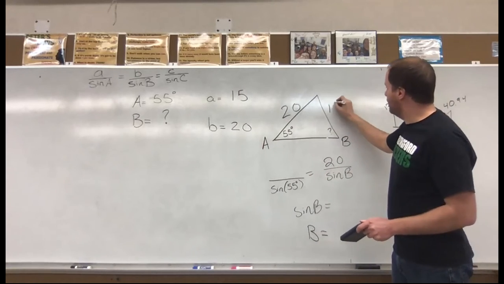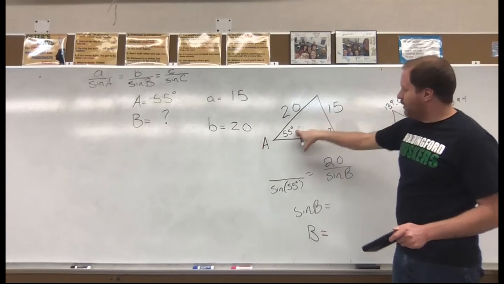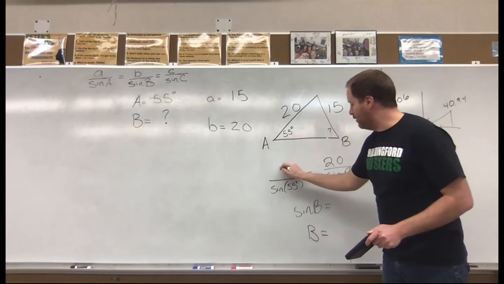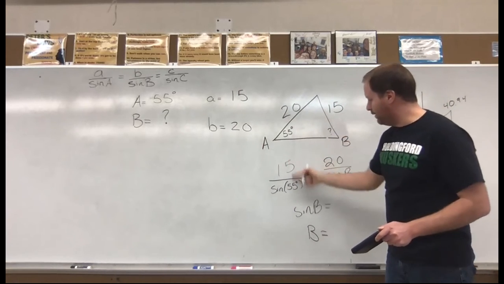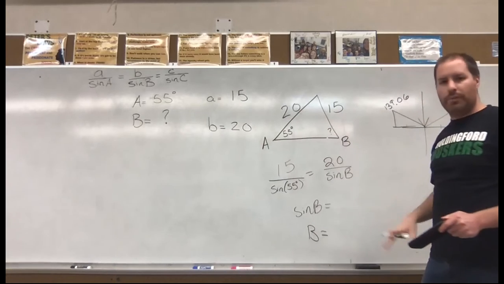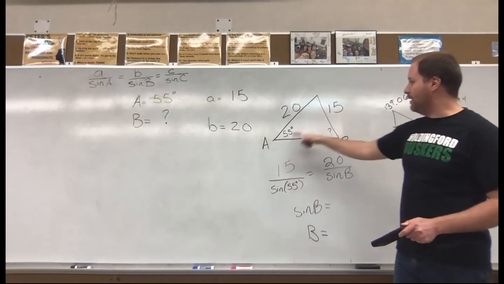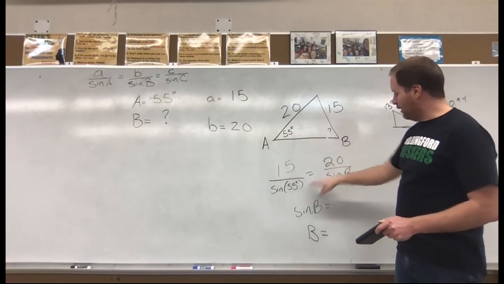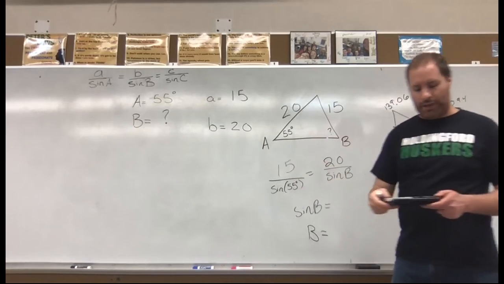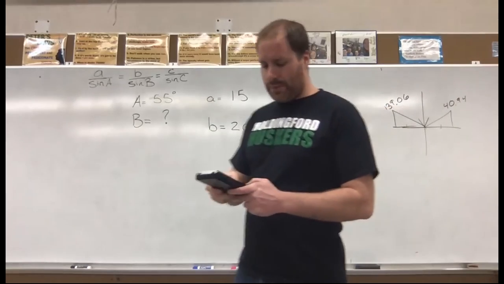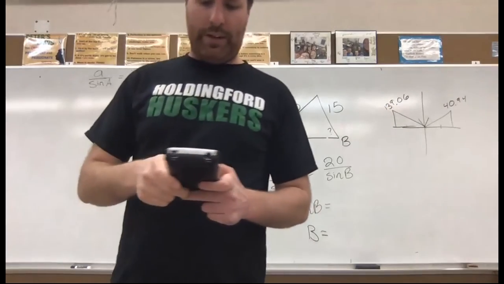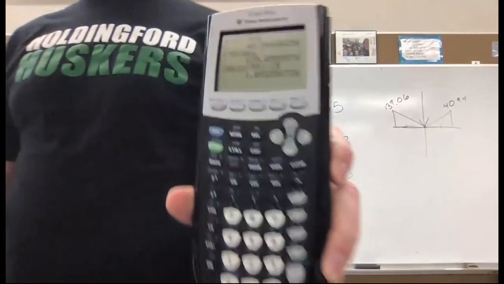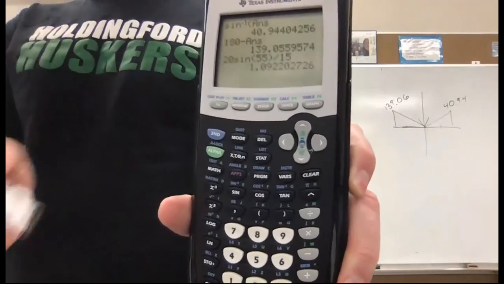So this is 15, which means 15 over the angle. So these two, 15 across from 55, and 20 still across from B. We still go through that: 20 times sine of 55 divided by 15. If we go with that one, right here at the bottom, we get 1.09.